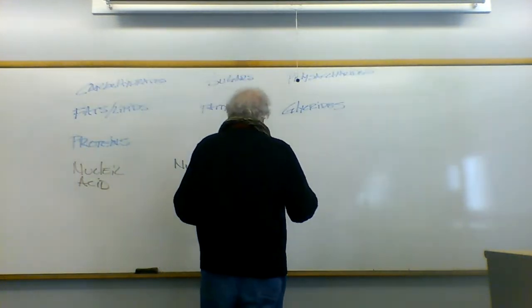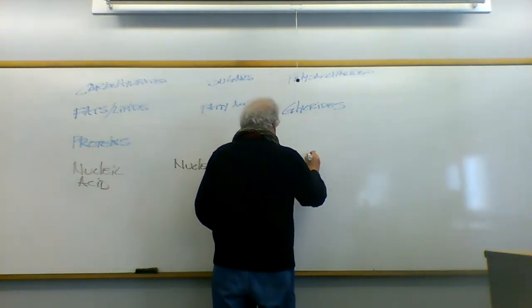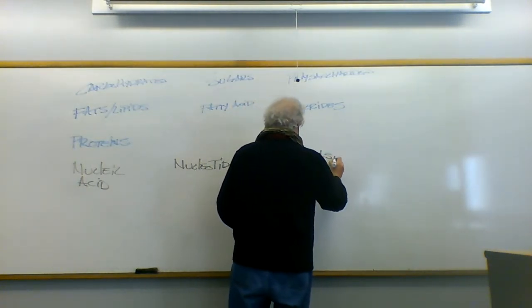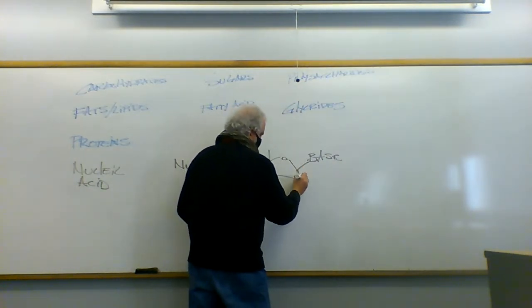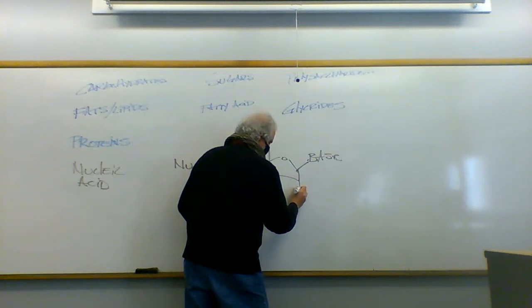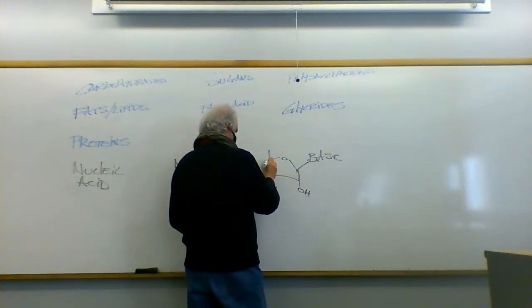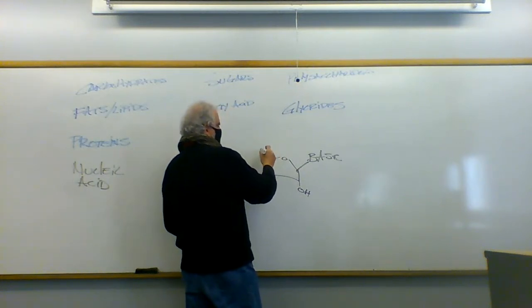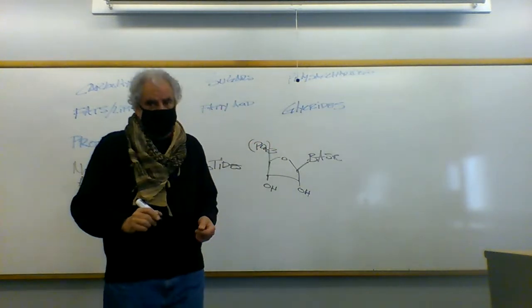For the nucleotide, the thing you need to know is the 5-carbon ribose sugar. We've got the 1', the 2' hydroxyl, 3' hydroxyl, 4' carbon, 5' carbon, and here we've got the 3 phosphates, the triphosphate.